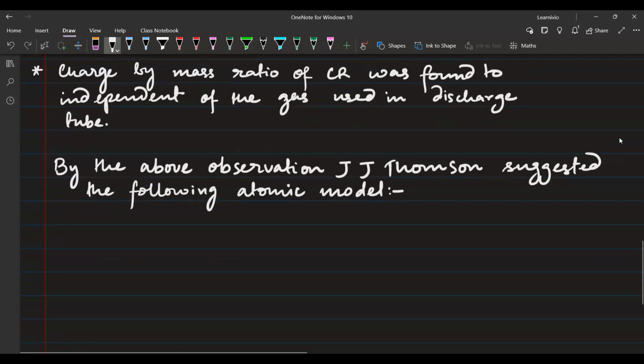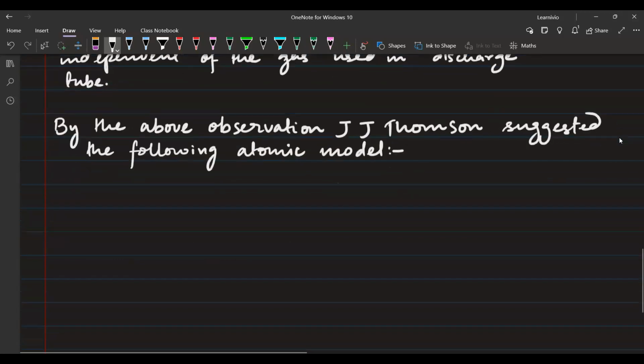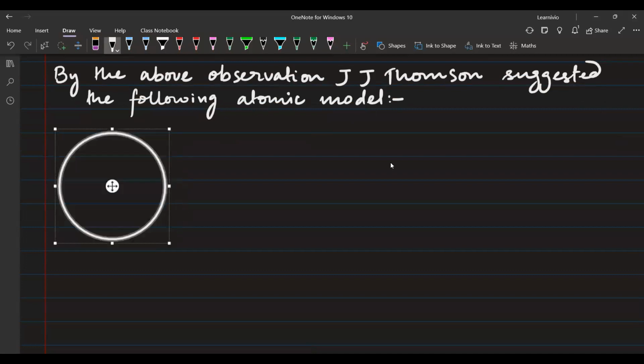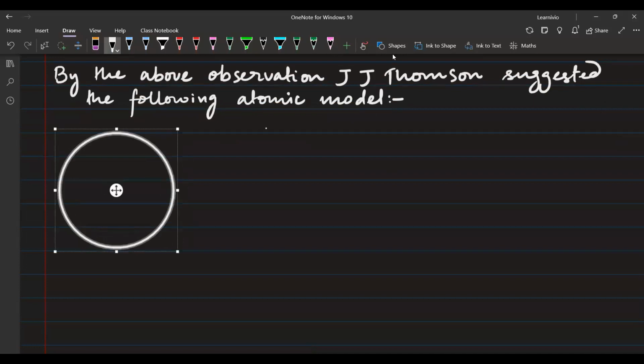What was the model that he suggested? We have an atom. He suggested that it is going to be solid.